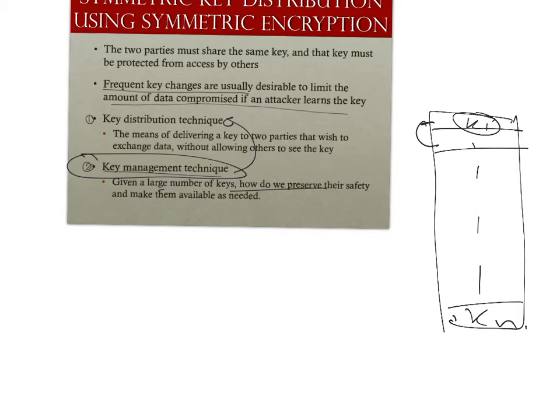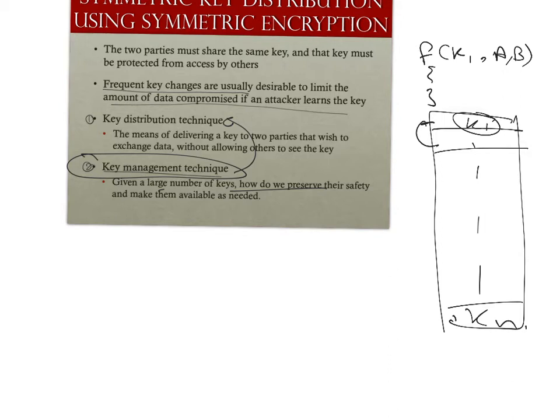Do we understand the difference? Okay? So the key distribution technique is like a function: you give it a key, and you give it party A and party B. This is the key distribution technique. So this technique should somehow deliver this key to these two communicating parties so that we don't have any security breach. Okay? Which we don't know how to do until now, but we will.